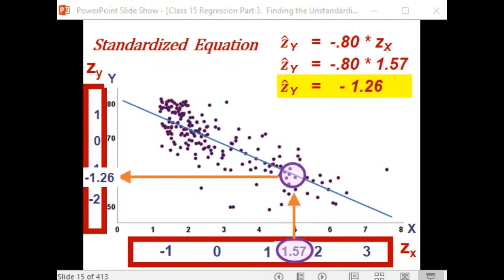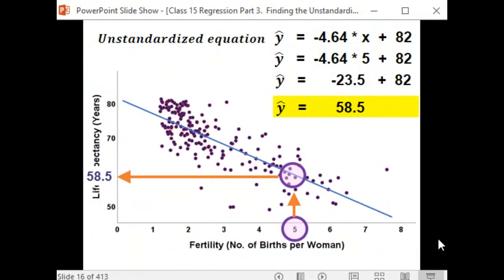Now, as we said, 1.57 is the z-score equivalent of a raw score of 5. The prediction point on the regression line that is shown in this scatter plot is the same prediction point that we find if we use a raw score of 5 as our predictor.